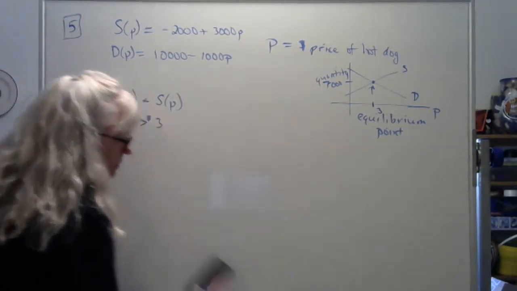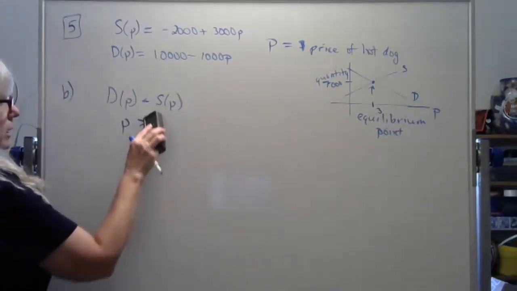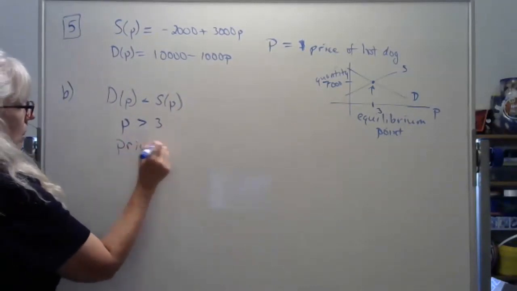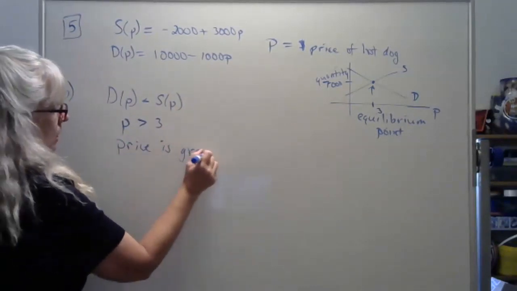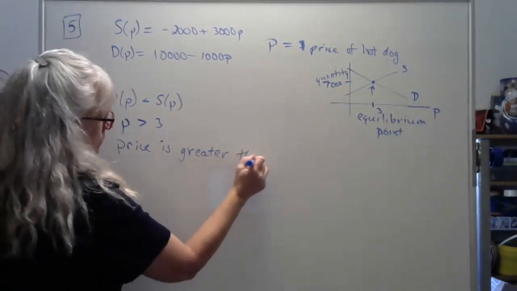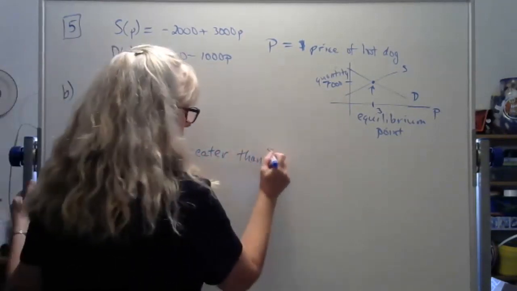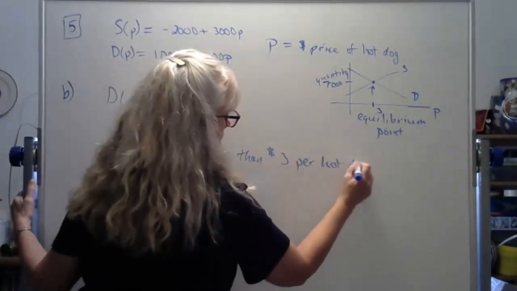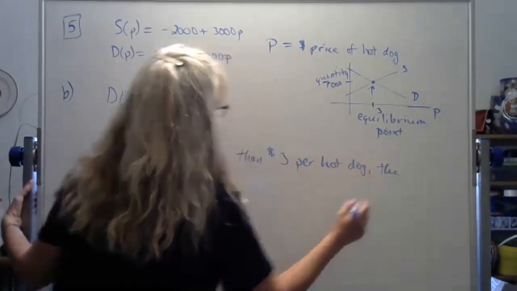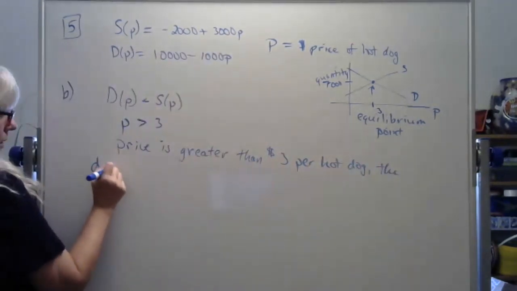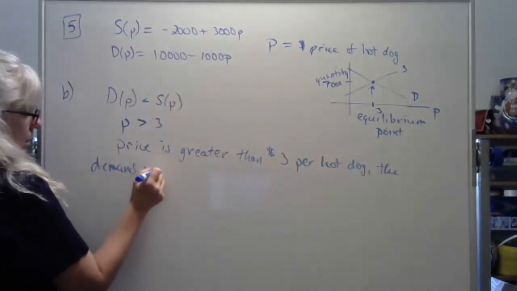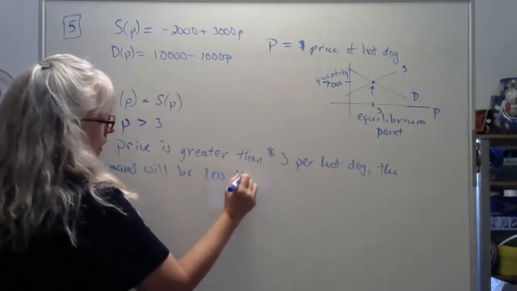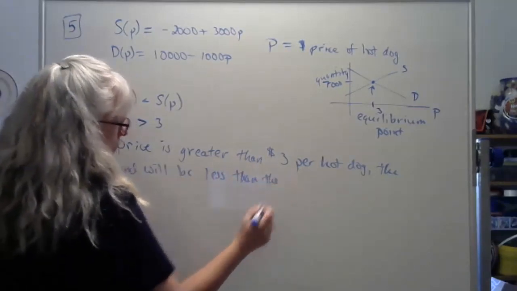So whenever the price is greater than $3 per hot dog, the demand will be less than the supply.